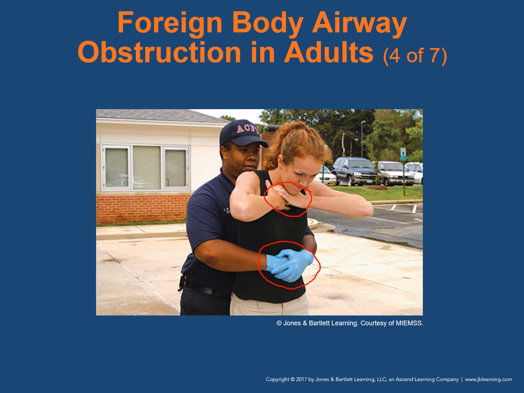So what you want to do is get behind them, and use one hand to feel for where their navel is, their belly button, and place a closed fist just above that, about half an inch above that. Put the other hand, like you see in the picture, over the top of your clenched fist, and rhythmically apply upward forceful pressure. Again, that's trying to generate enough pressure moving through the respiratory system to expel that foreign body out of the airway.